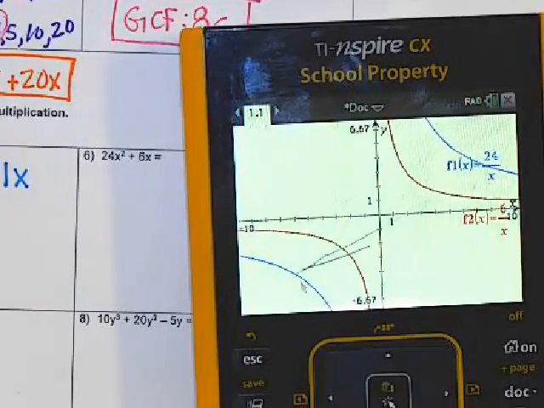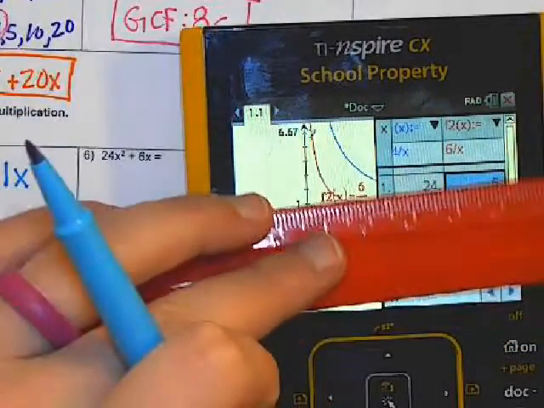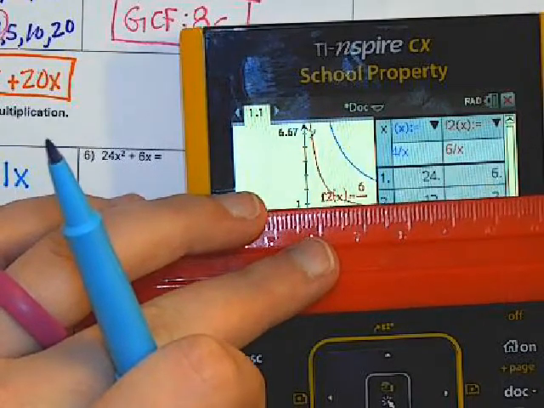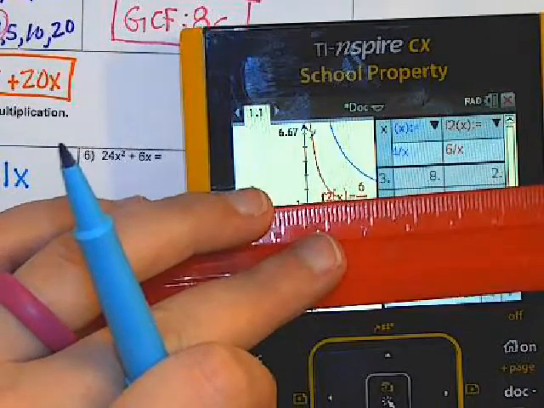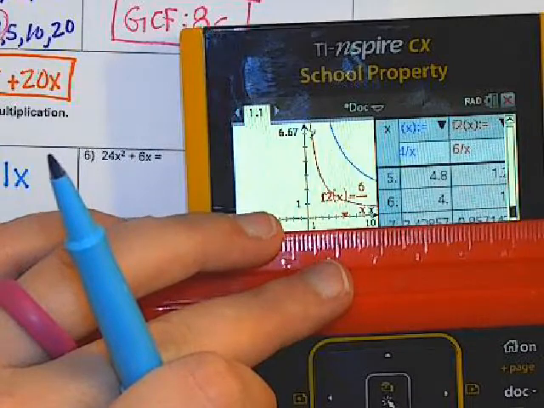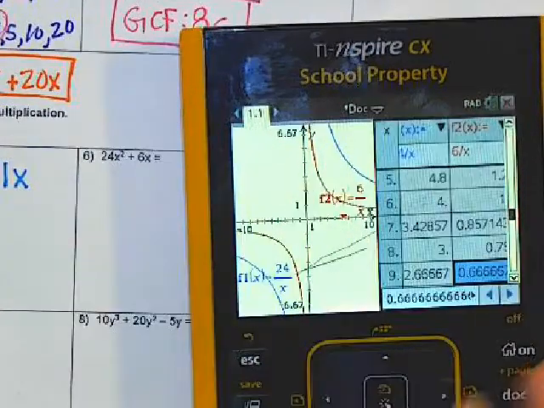Table, Control T. Okay, do they both have 1 in common? Yes. Do they both have 2 in common? Yes. Do they have 3 in common? 4? No. 5? No. 6? Yes. So my GCF is going to be 6.